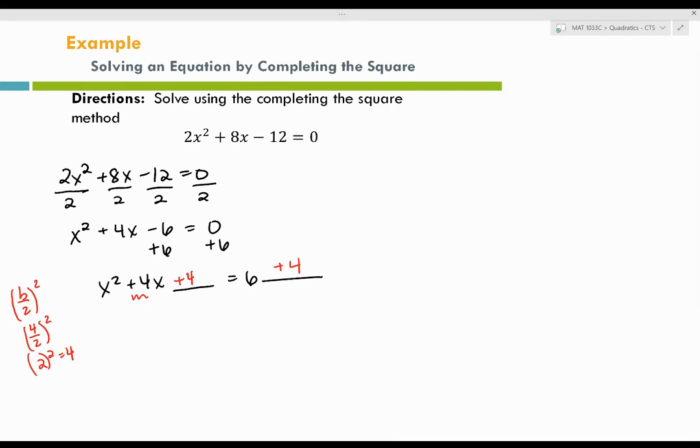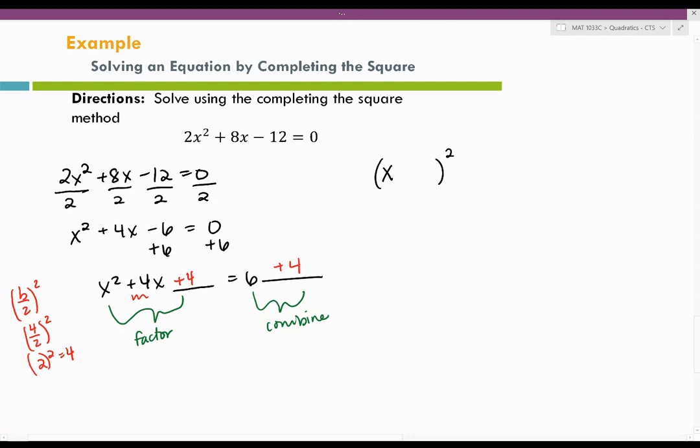All right, so the left-hand side of the equation should factor, and the right side of the equation, we combine. So when we do that, we are going to draw a set of parentheses, and my variable goes in the front.